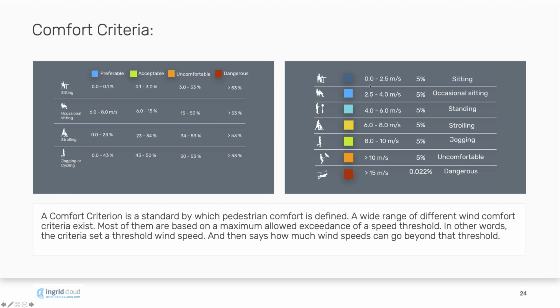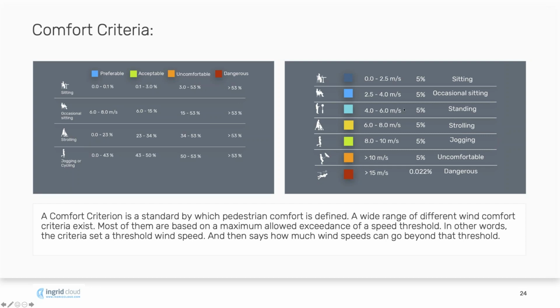You can choose the exact height yourself. There is a wide range of different wind comfort criteria, since they can differ in thresholds and also in activities. On the left-hand side, you can see the so-called Davenport-based criteria, which is more commonly used here in Scandinavia.